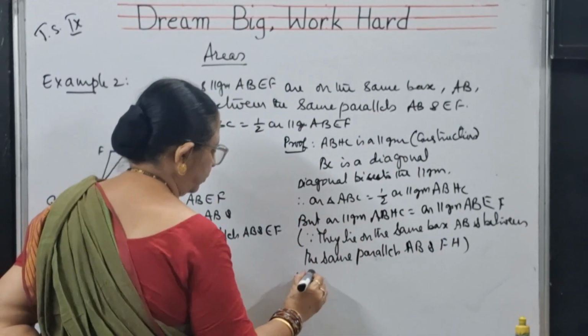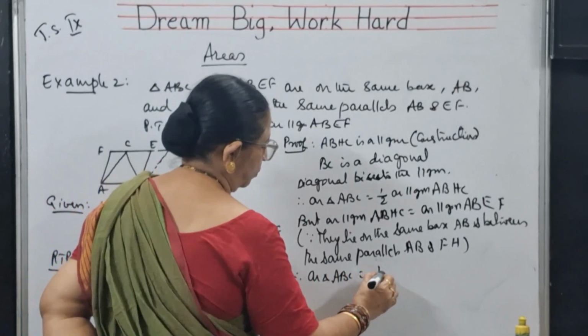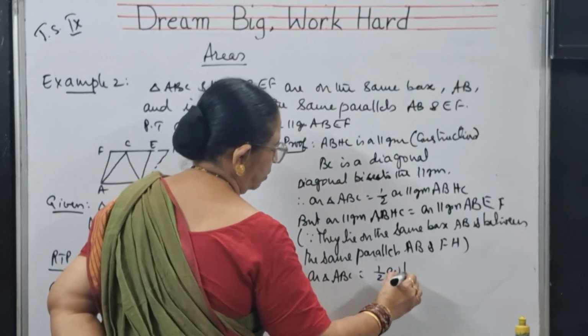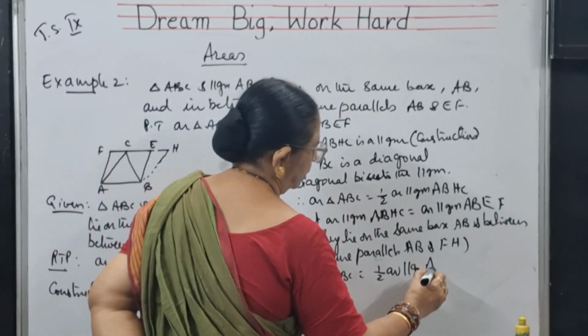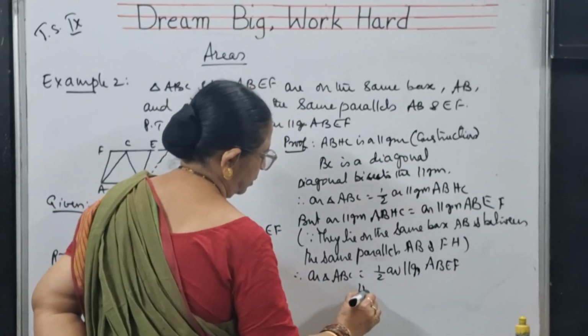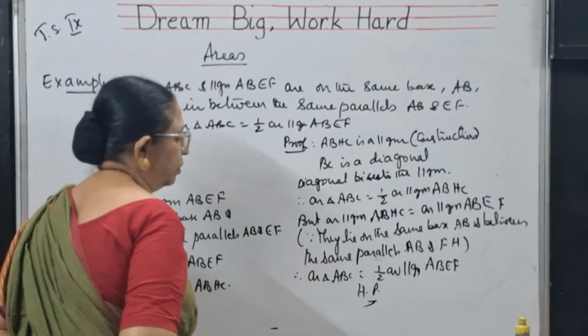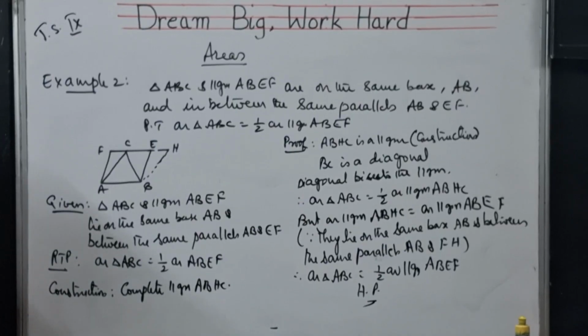Therefore, area of triangle ABC is equal to half area of parallelogram. Instead of ABHC, I'll write ABEF. Hence, proved. This is the proof of this, and these are all very important topics, children.